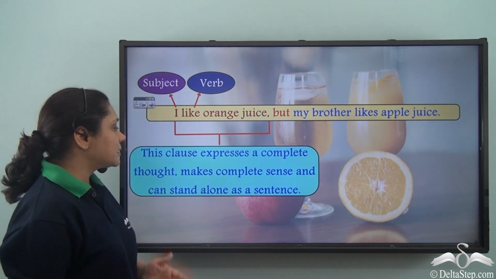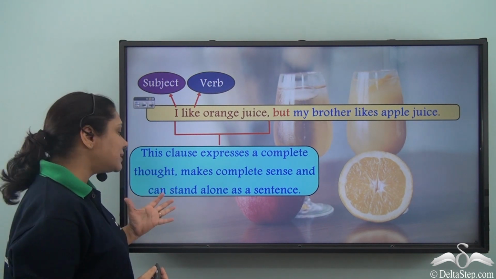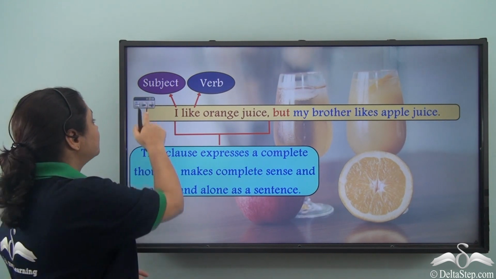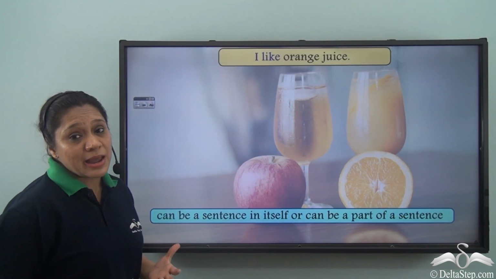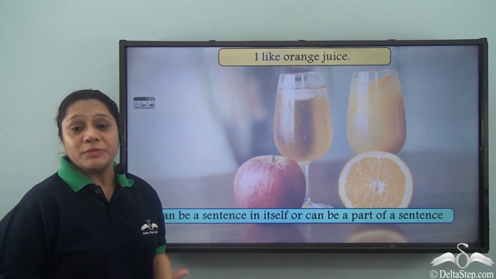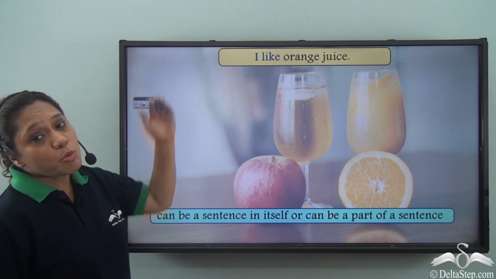So this is a clause. Now this clause expresses a complete thought. It makes complete sense and can stand alone as a sentence. For example, you may have a sentence which reads, I like orange juice. Now this sentence makes complete sense. So what do we see?